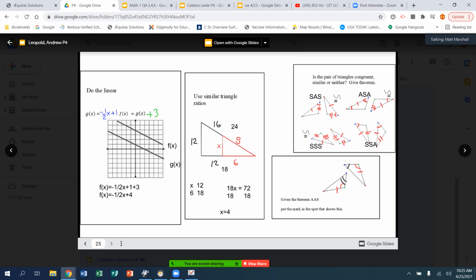Can you do it that way? So if you did 8 over x, what would the other fraction have to be? It wouldn't be 12 over... I think if you did 8 over x for the red one, you'd have to set up the big one as 24 over 12. Does that kind of make sense? Yeah. All right. Good job.